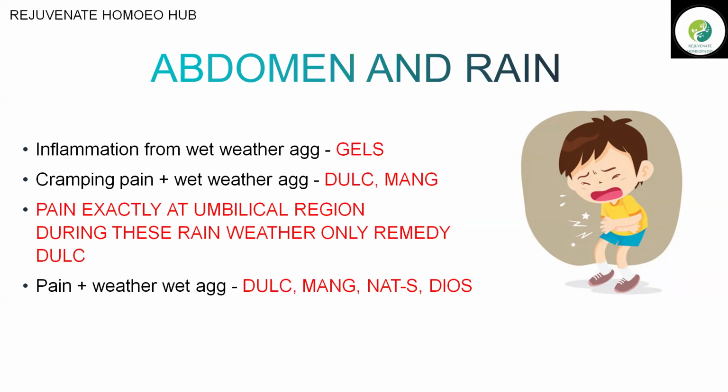The location is important. Pain, weather, wet aggravation: Dulcamara, Magnesia, Natrum sulph, Dioscorea. And Dioscorea is the remedy for bending backward, amelioration by bending backward.